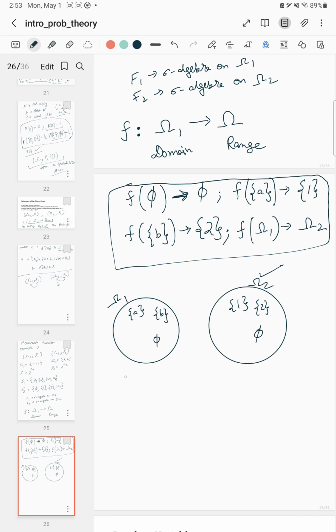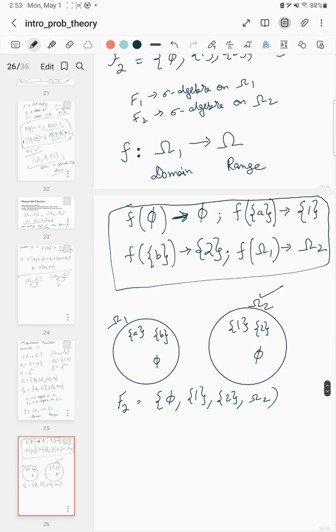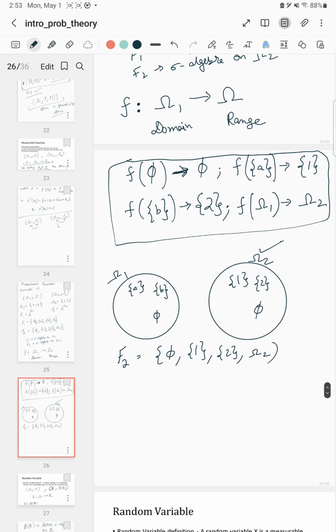So F2 contains phi, 1, 2 and omega 2, as we have seen here, and so all the sets present in F2, if we apply an inverse function of the function f on them, they should give a pre-image in sample space omega 1, and that pre-image should be a part of F1. So let's check that out.